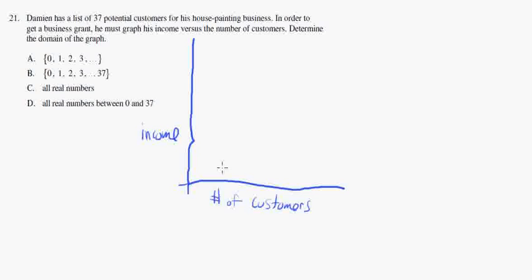Okay, now why did I put the number of customers on the x-axis? Well, in class we talked about the x-axis being the independent variable. Now why did I choose the number of customers as the independent variable?